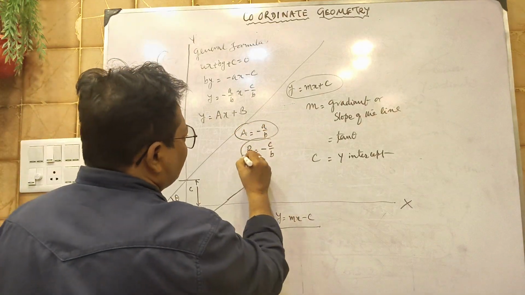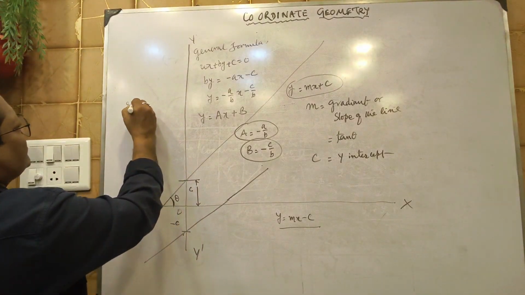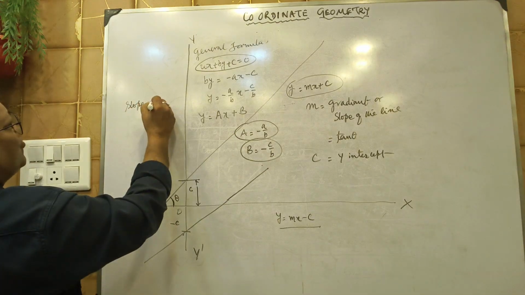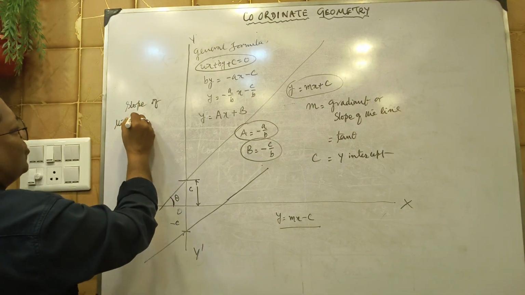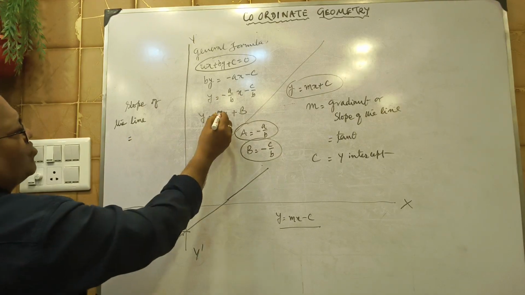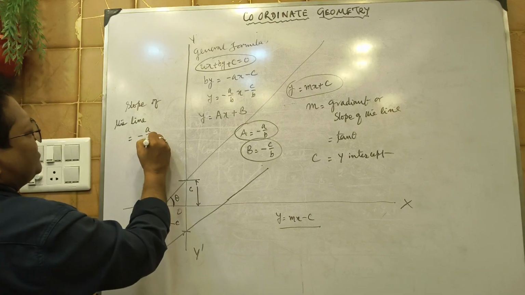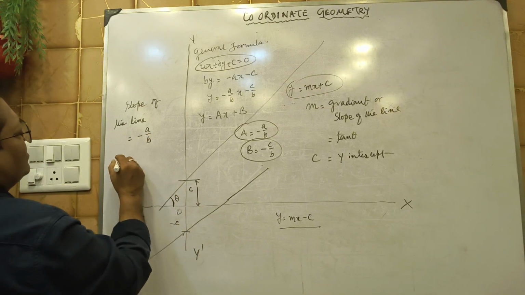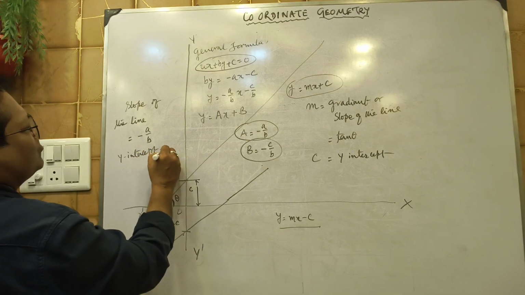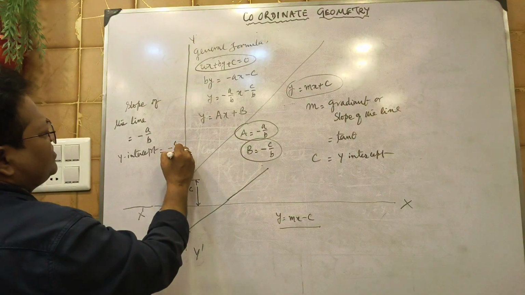This is the way of conversion, and in this case, what is the slope of this line? When it is in this form, the slope of the line is equal to the coefficient of x, that is m, here minus a by b, and the y-intercept is equal to minus c by b.